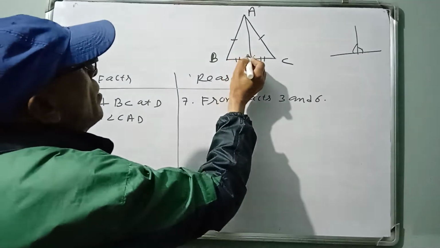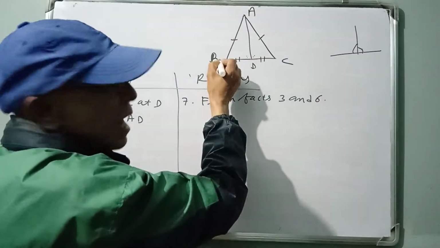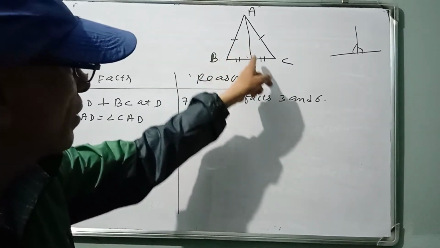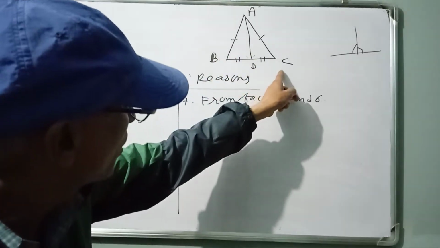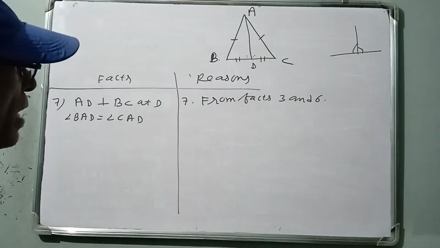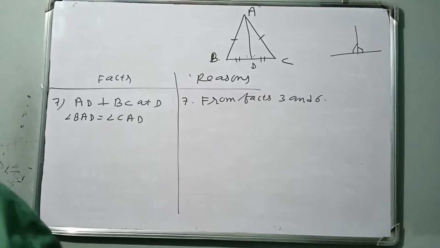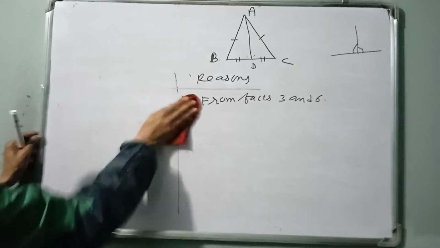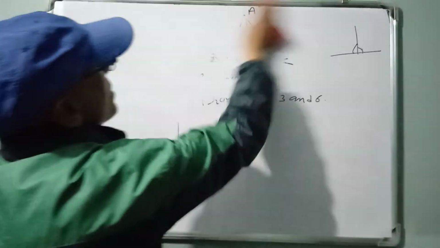It means angle ADB equals 90, ADC equals 90. It shows that AD is perpendicular to the base BC and bisector of the vertical angle BAC. Theorem number 5 proved, by applying the SSS fact.